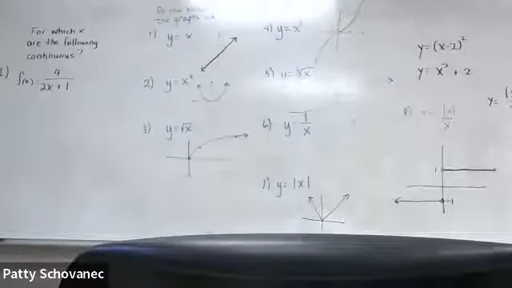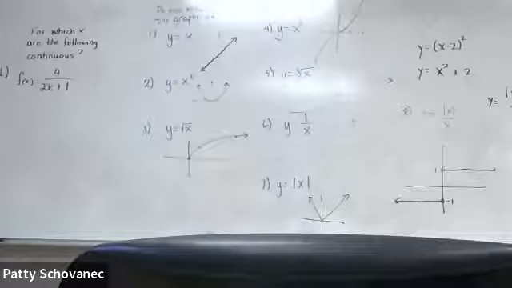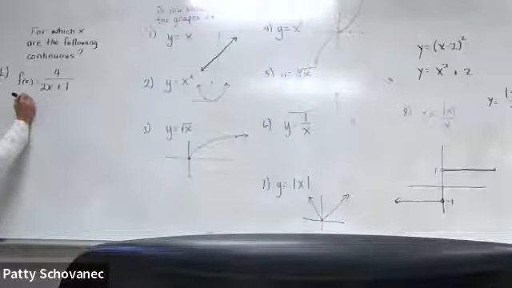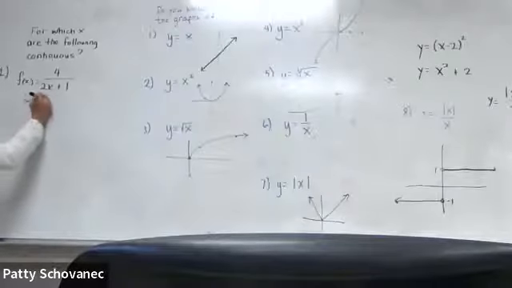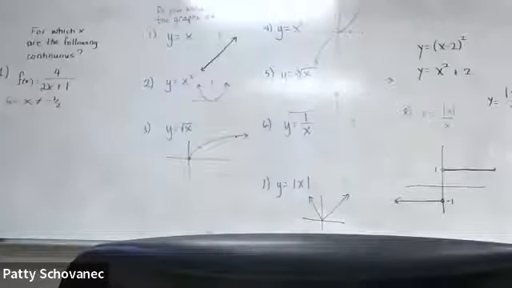So when you're answering this question, you're going to say, well, it's continuous for all values of x except for the one that makes me divide by 0. Which value of x gives me 0 in the denominator? Set that equal to 0 and solve for x and tell me what you find. Negative 1/2. So for all x not negative 1/2. Okay, so it's continuous for x other than negative 1/2.